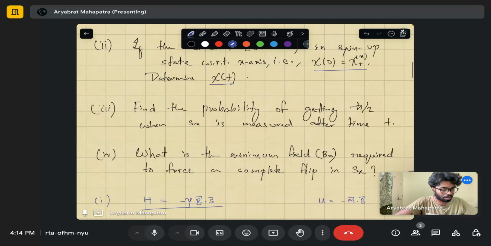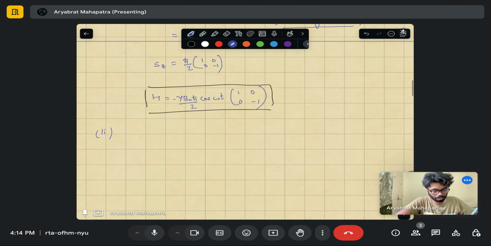Recalling what we were doing last time, Sz can be written in the form of a matrix. In the same way we can also write Sx and Sy, which we saw in last week's discussion.